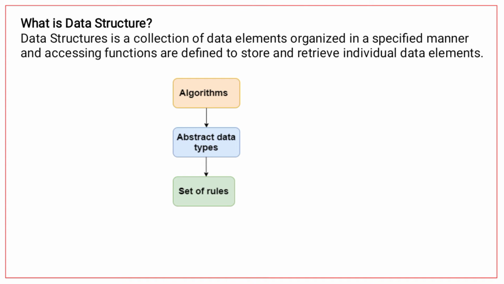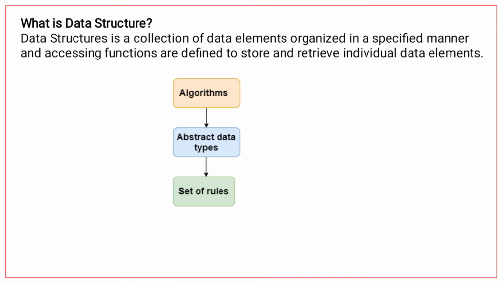Array is a collection of memory elements in which data is stored sequentially, that is one after another. In other words, arrays store the elements in a continuous manner. This organization of data is done with the help of the array data structure.